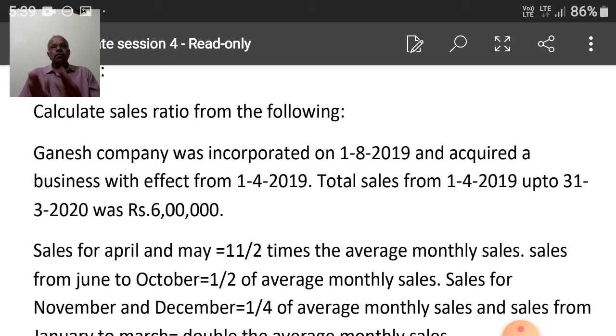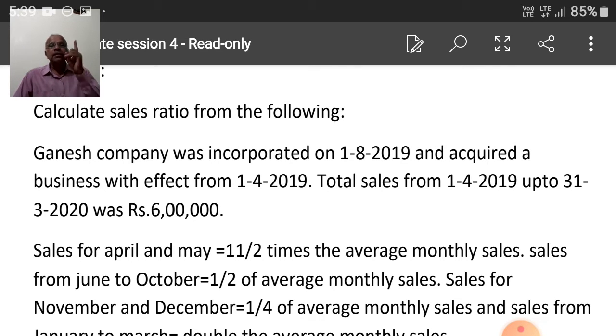Next, the post-incorporation period. The period after the incorporation of the company till the last date of the accounting period is called the post-incorporation period.